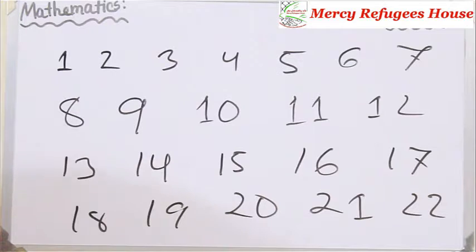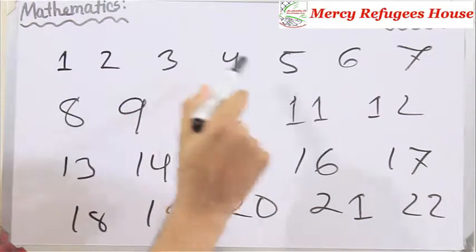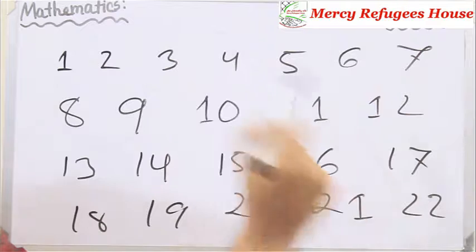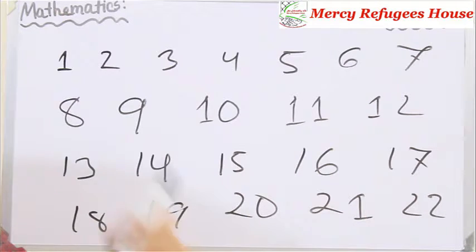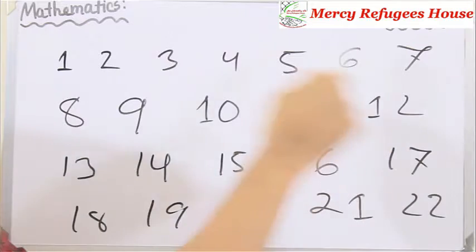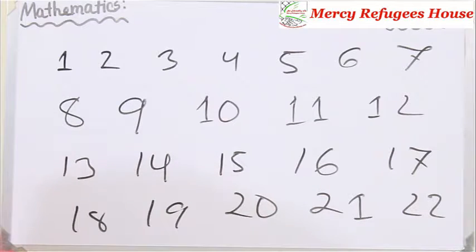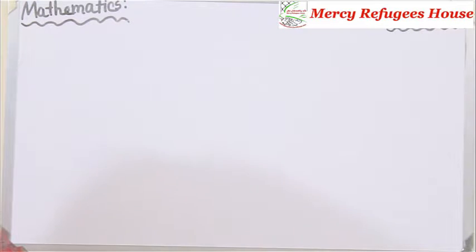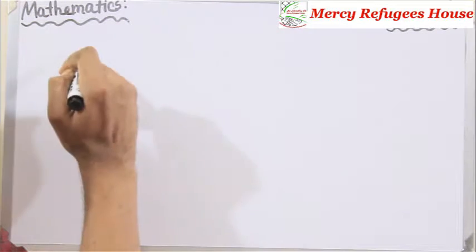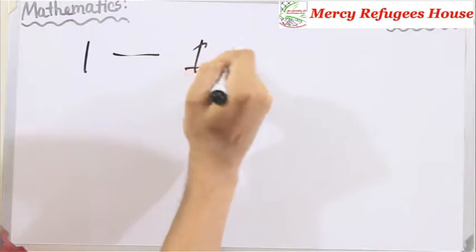You just make sure the student recognizes this is 1, this is 3, this is 10, this is 16, this is 19. Once we are talking about these things, they should be able to recognize the number. Once they have learned 1 to 100, then you do the next activity. So this is the very first thing they should learn, numbers 1 to 100.